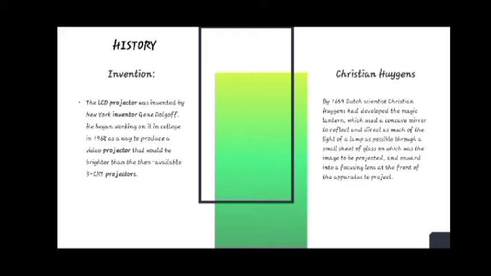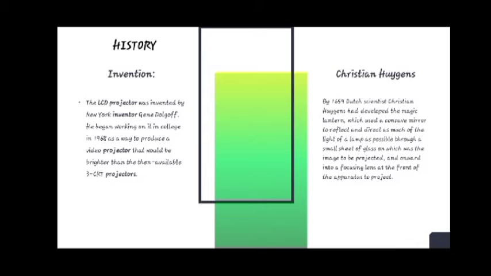By 1659, Dutch scientist Christiaan Huygens had developed the magic lantern, which used a concave mirror to reflect and direct as much of the light of a lamp as possible through a small sheet of glass, on which was the image to be projected, and onward through a focusing lens at the front of the apparatus to project.